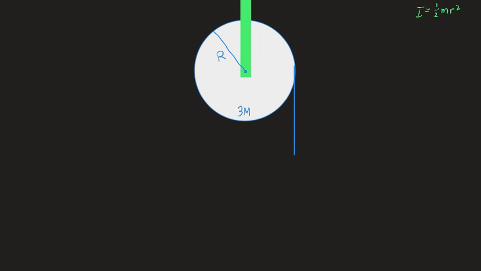You understand? Because I'm going to probably hang a block here that has a mass that is also some multiple of m. So that in the construction of our problem, we have some kind of relationship between the mass that's being hung and the mass of the pulley.